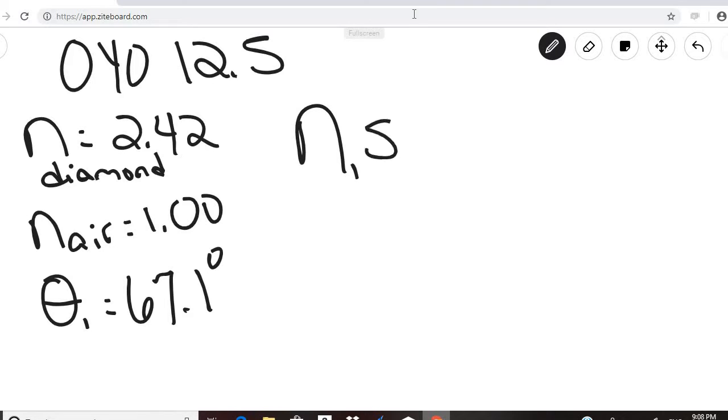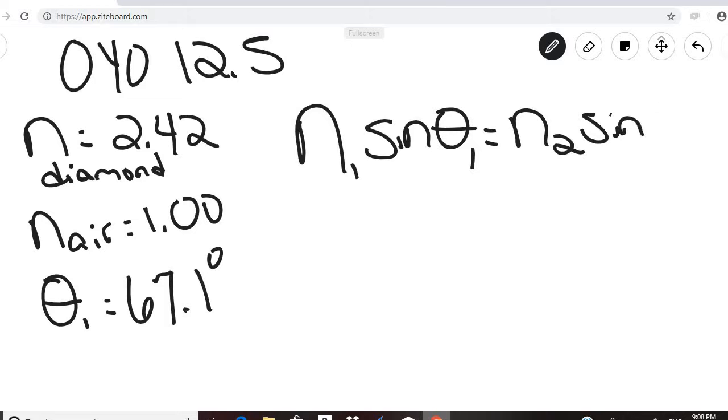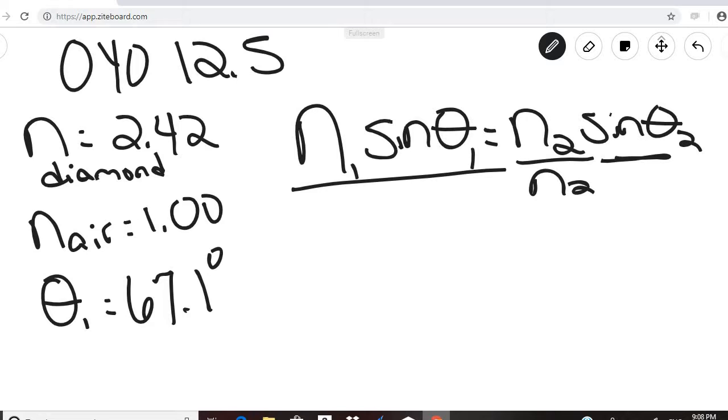Okay, so Snell's law tells us that n1 times the sine of angle 1 equals n2 times the sine of angle 2. We want to know what is the angle of the refracted beam. So we'll just divide both sides by n2, that gets rid of that, and then we just plug in our numbers.